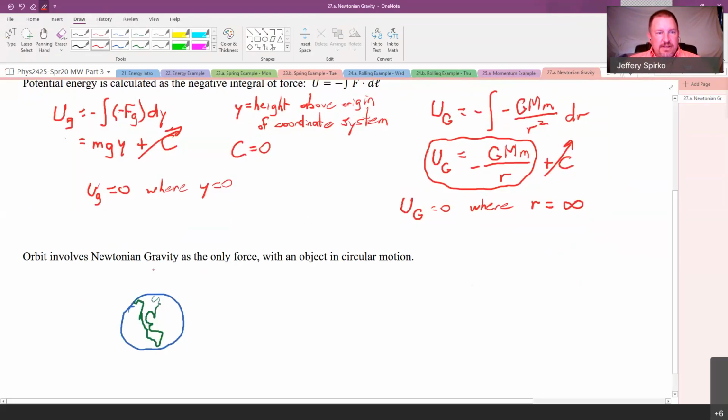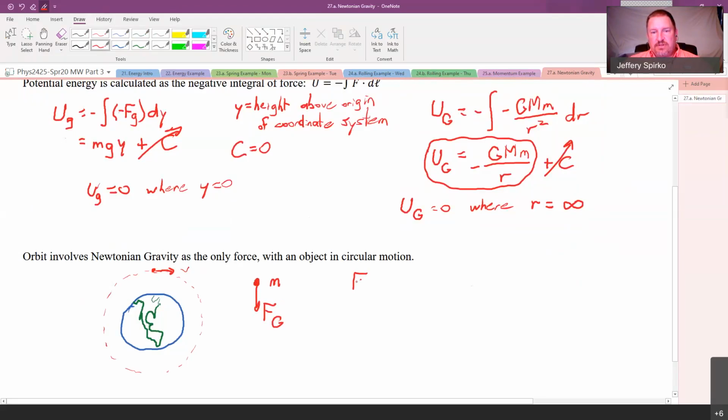So we have this thing up here, which is moving along with a velocity v. And as it moves, it gets attracted to Earth. And if things are just right, then it will end up going in a circle. So if we do a force diagram of our mass, then its only force is the force of gravity.